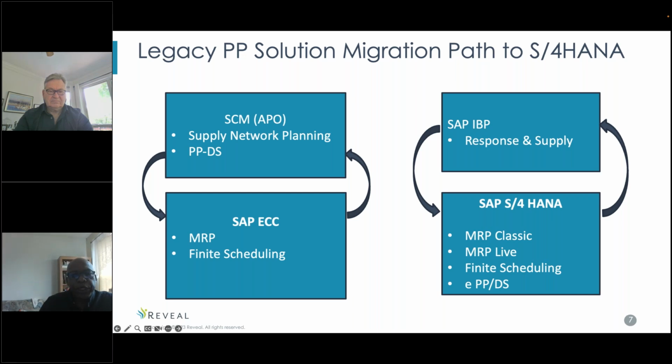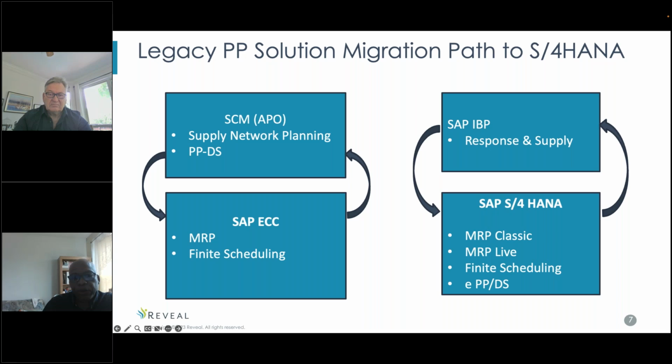So what we're showing here on the left-hand side is a representation of the legacy solution when coming from an ECC environment. You may just have ECC where we have the MRP solution as well as the finite scheduling.